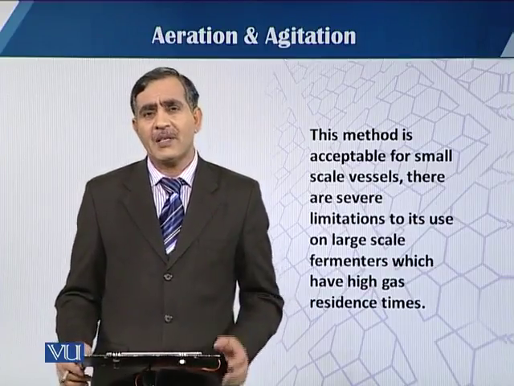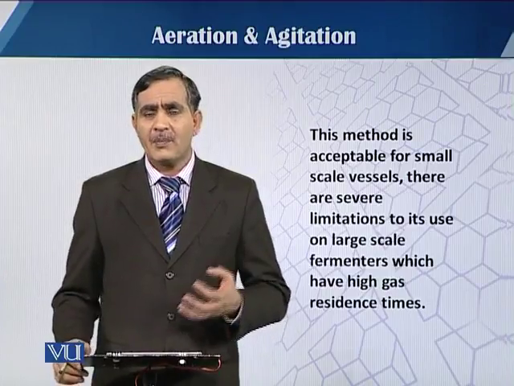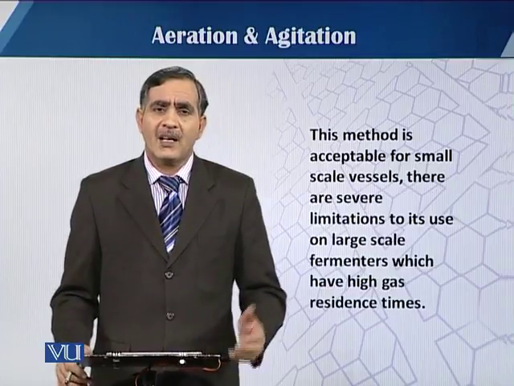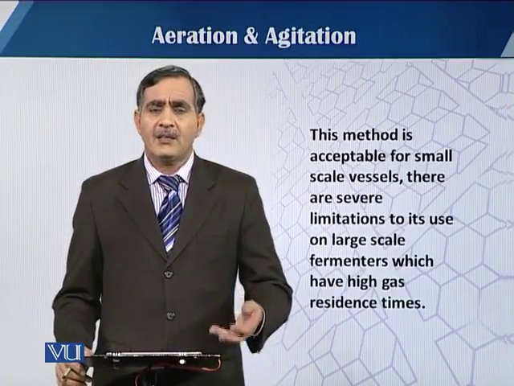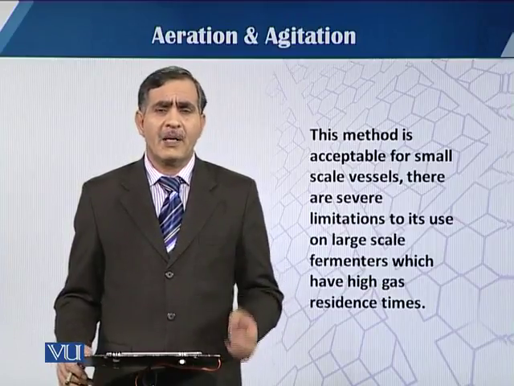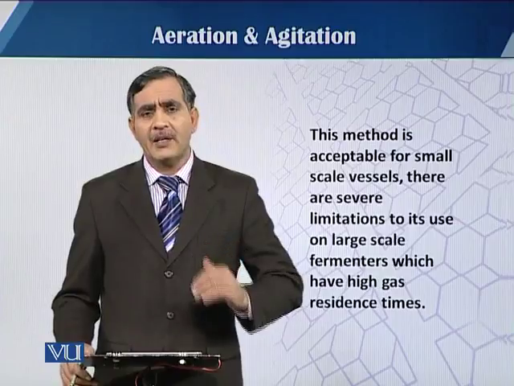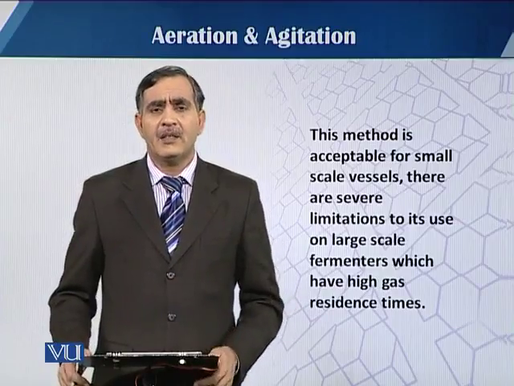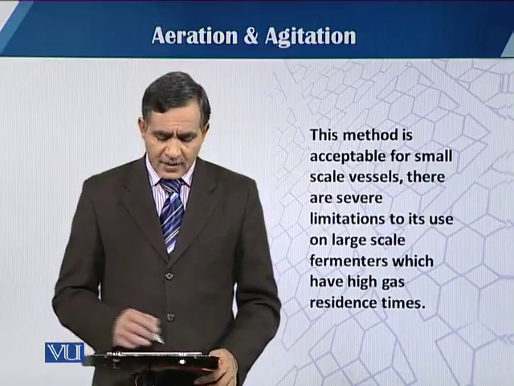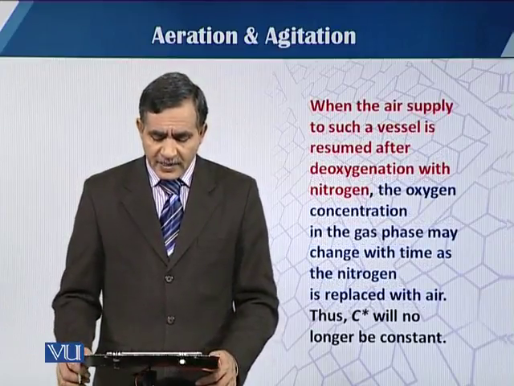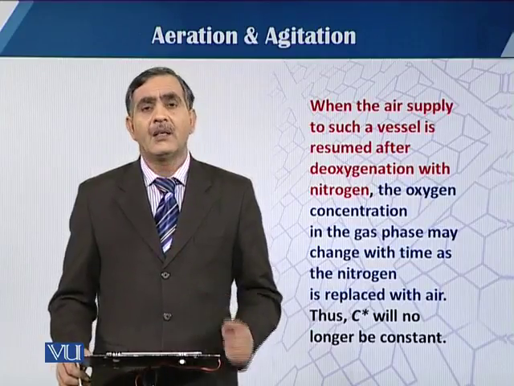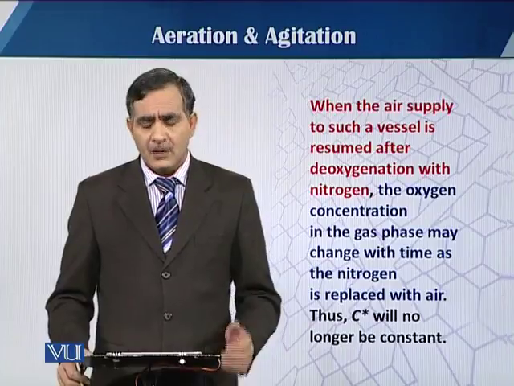On a large scale fermentation, this method, which we call the static method of gassing out, is not recommended, because it is very difficult to sparge a large fermenter with nitrogen so that it can scrub the oxygen from the medium completely. So there is an alternative, another method, the dynamic method.